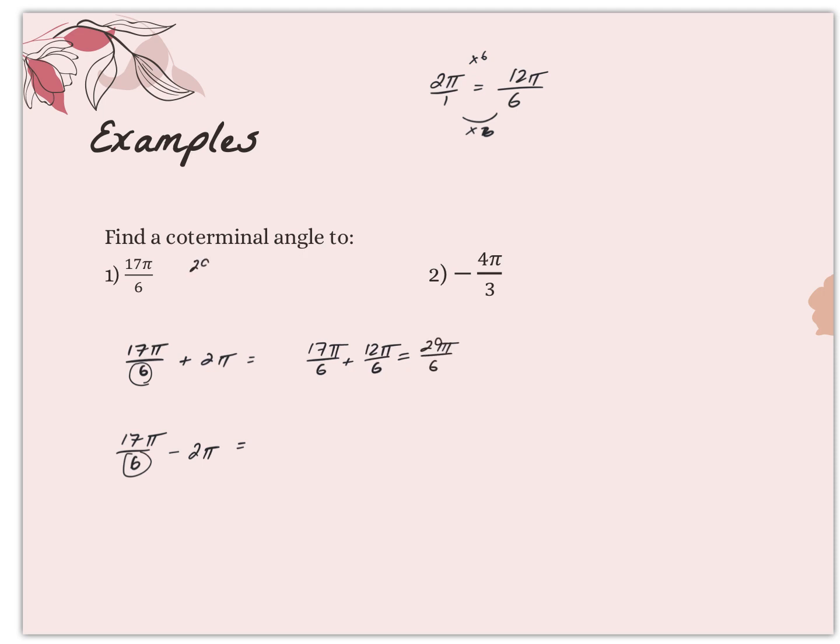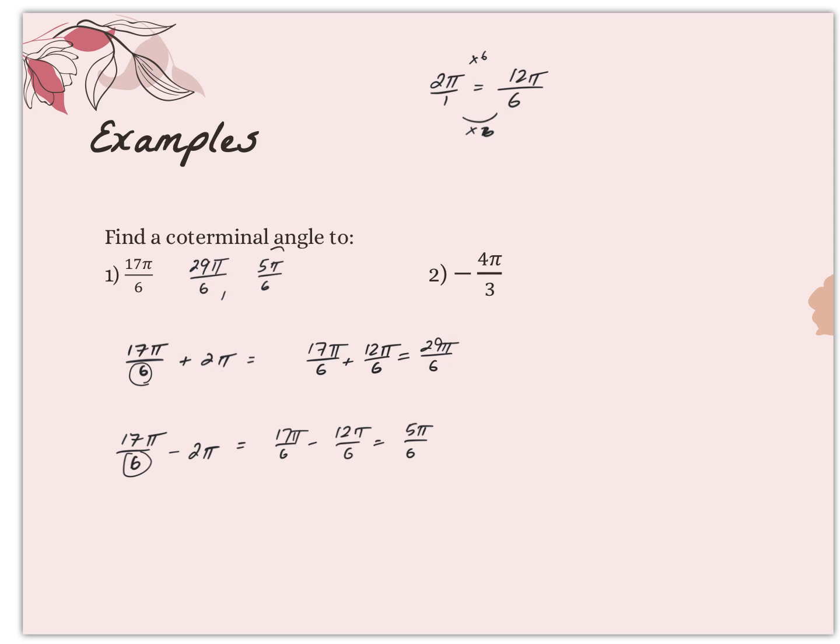So 29 pi over 6 is coterminal with 17 pi over 6. If I do the subtraction, 17 pi over 6 minus 12 pi over 6 equals 5 pi over 6. So this is also coterminal. And if I subtract another 2 pi, I'm going to get another coterminal angle. In fact, I'll get a negative one.